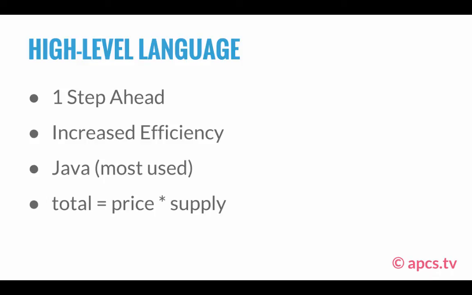For example, total equals price times supply. That's so simple in high-level language, but it would take multiple lines in assembly. Java is the most widely used high-level language, and most programming languages these days are high-level languages. Interpreters are programs that convert high-level languages to machine language for the computer to interpret.